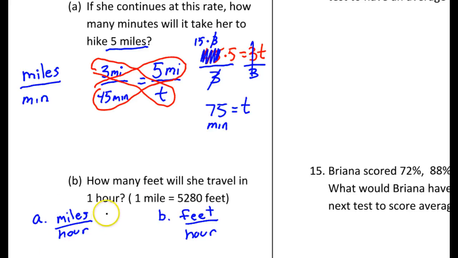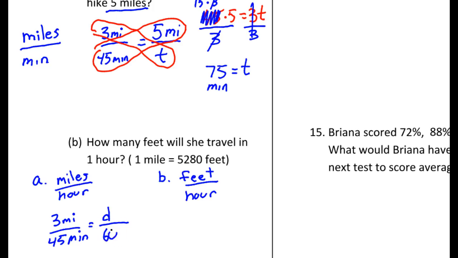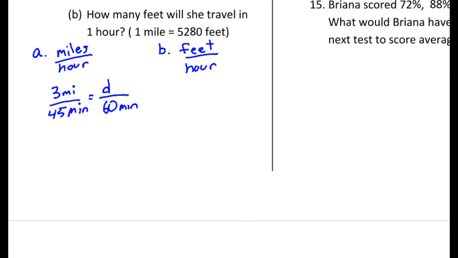So we want to know the distance for 60 minutes. That's an hour. That'll give us how long she can go in an hour. So we can solve this. So we have 3 times 60 equals 45 times d.